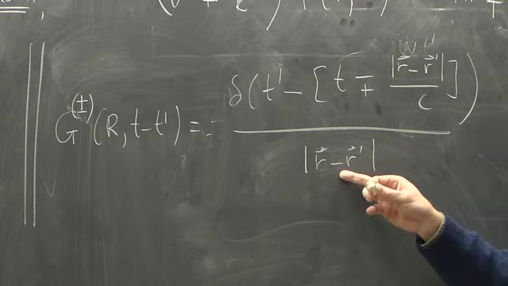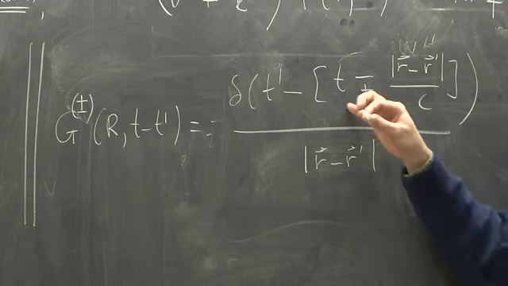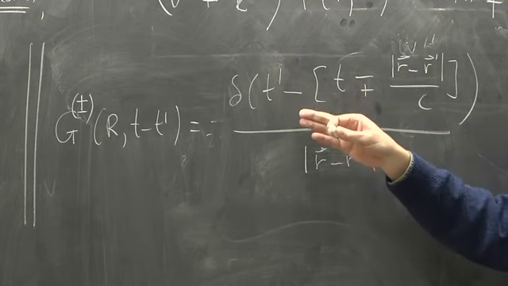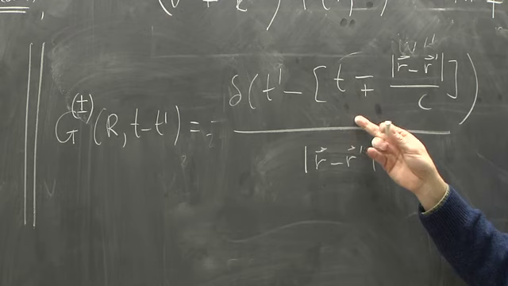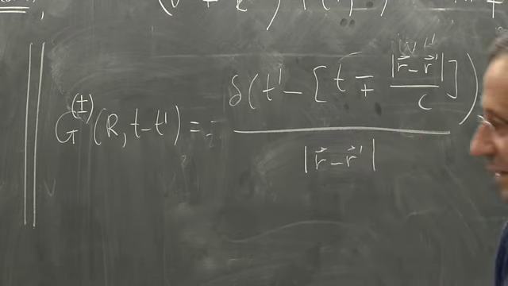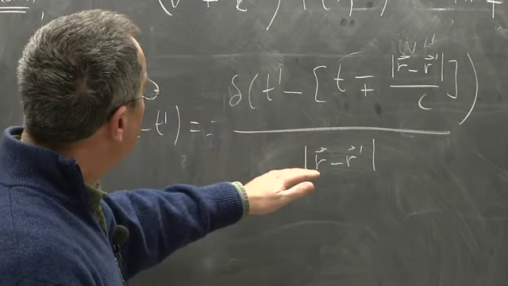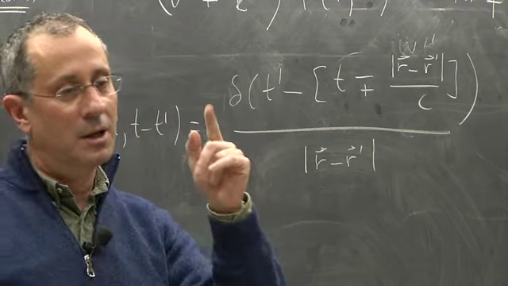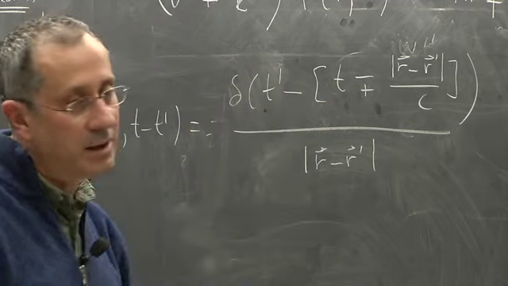It was just 1 over, right? If you forget about the boundary condition, it was just 1 over r minus r prime. So you see, it's just the difference, you get this extra delta function. This is really beautiful, right? Because it's like the previous problem, right? The only difference is that you have to compute your green function not at the time t, but at this time t prime.